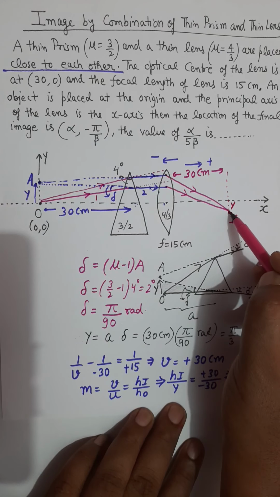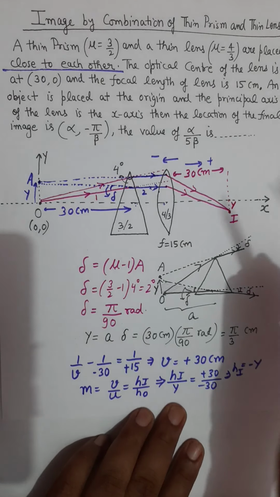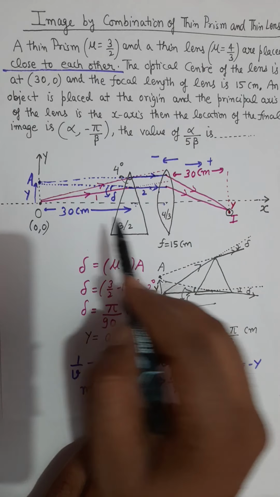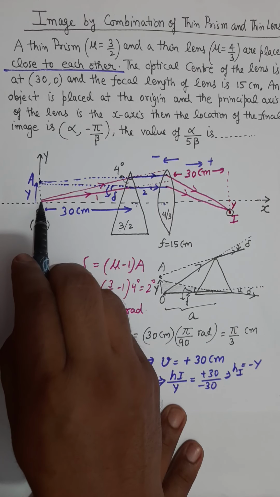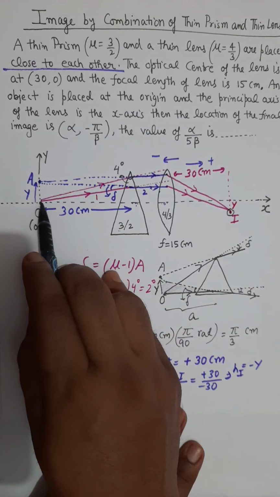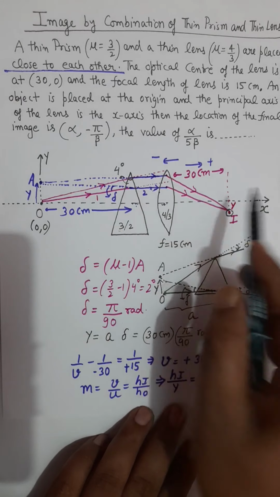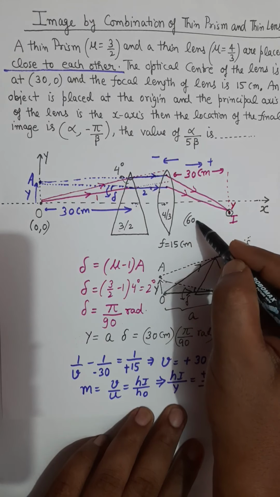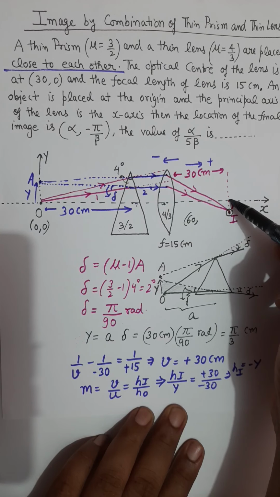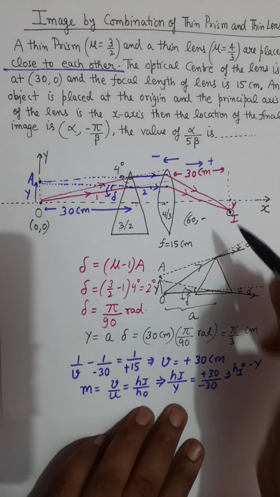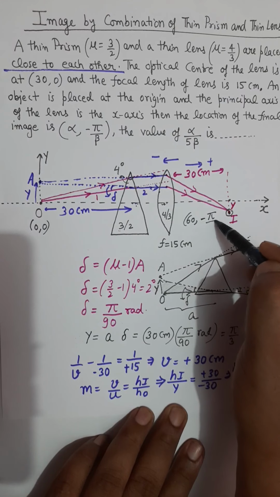Now as far as the coordinates of this image are concerned, the coordinates for the image will be measured from the origin of the coordinate system, and from this origin the image will be at a distance of 30 plus 30, which is 60 centimeter. So the coordinates for the image can be written as 60 comma, notice that it has a negative y coordinate, minus y, and the value of y is pi by 3.